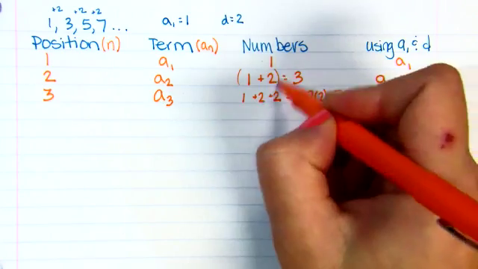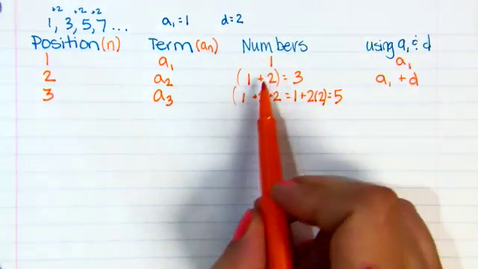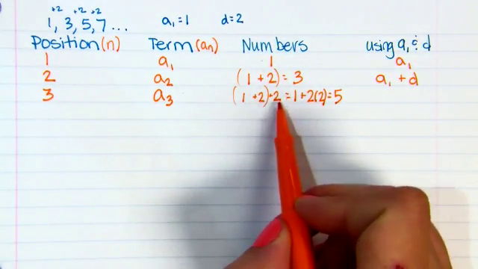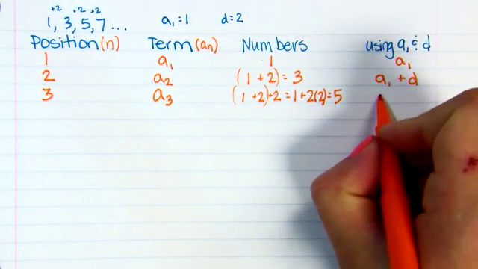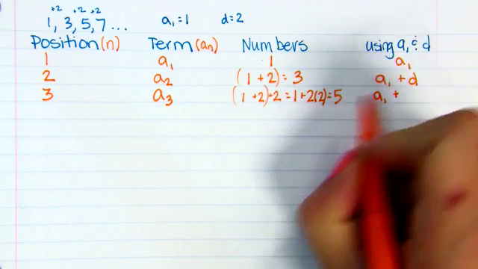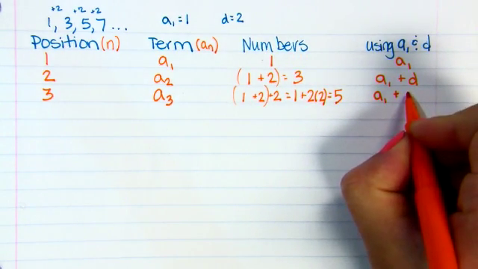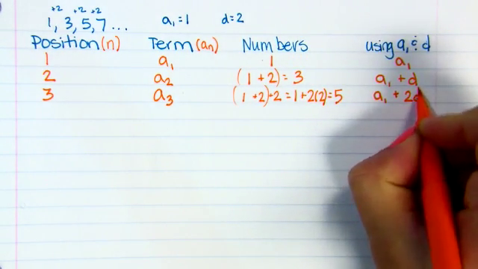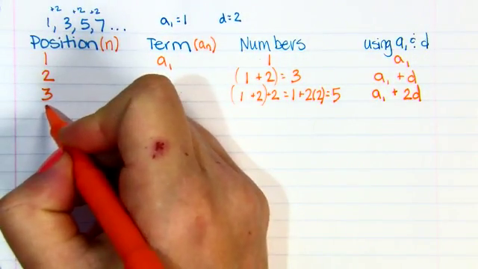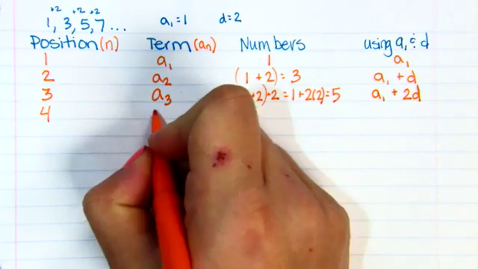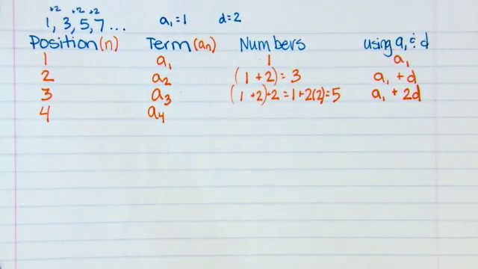So I took my second term and I added 2 to that and I got 5. Or if we look, I took my first term and I added 2 twice, or I added my common difference 2 times. For position 4, I call that a sub 4.